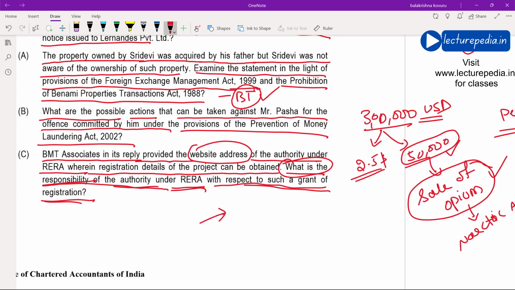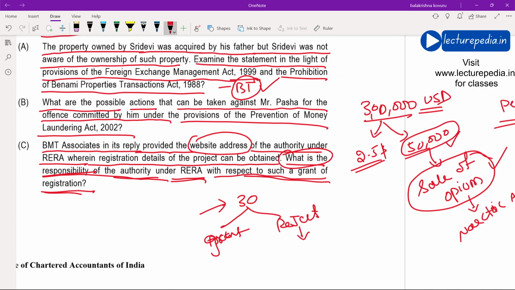Once application for registration is received by RERA, within 30 days it has to either accept, that is grant the registration, or reject the registration. If it rejects the registration, then it has to provide reasons for rejection, and also opportunity of being heard must be provided.